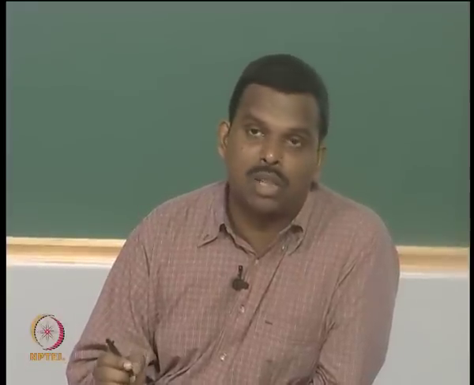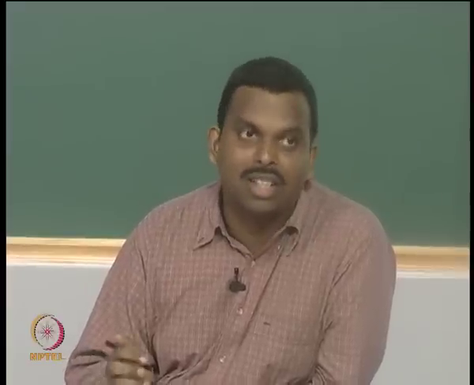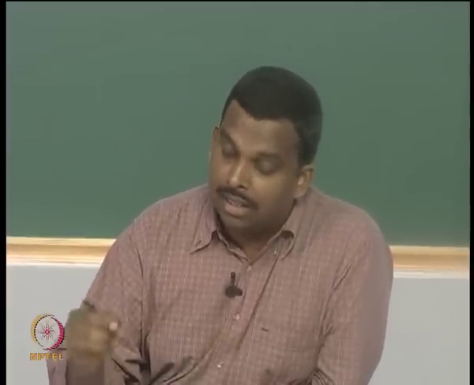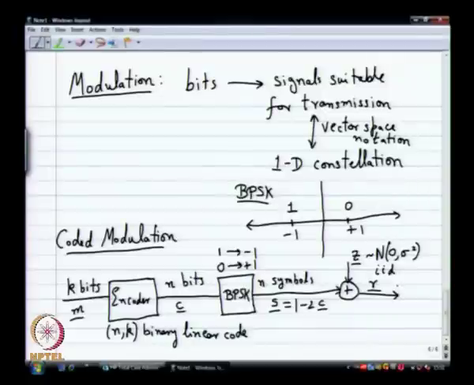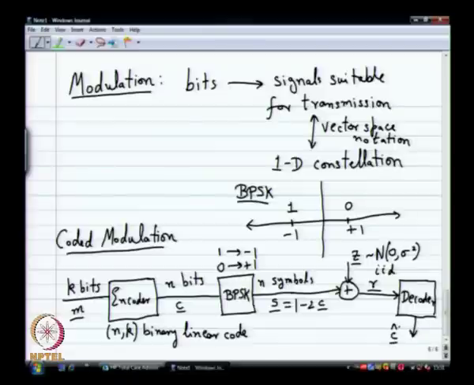Now comes the crucial step. So far you might say I have not done anything very different, what is coded modulation here? The crucial idea here is that the decoder will work directly with R. That is the big difference. The decoder will directly work with R and produce an estimate, C hat.